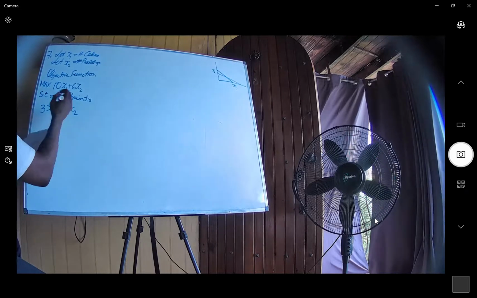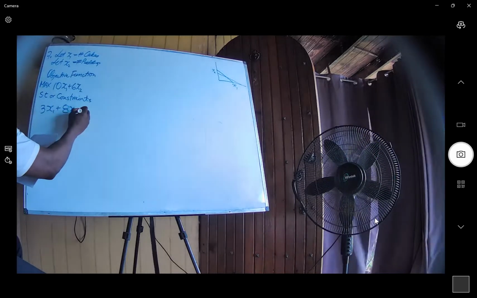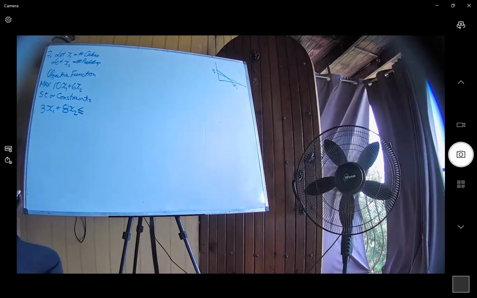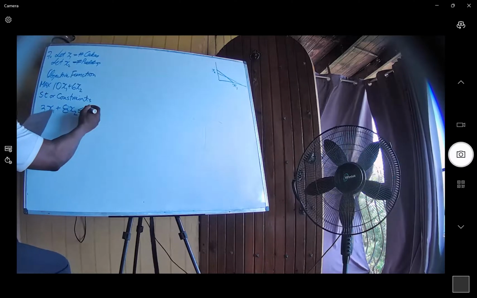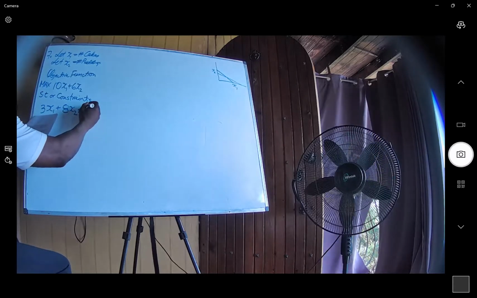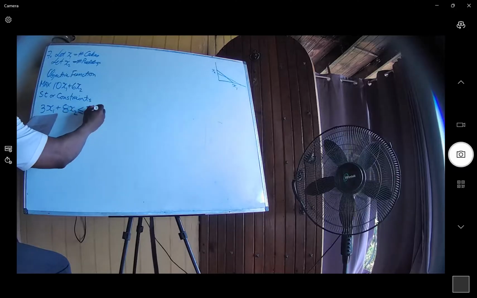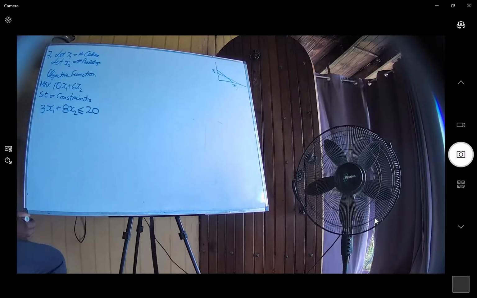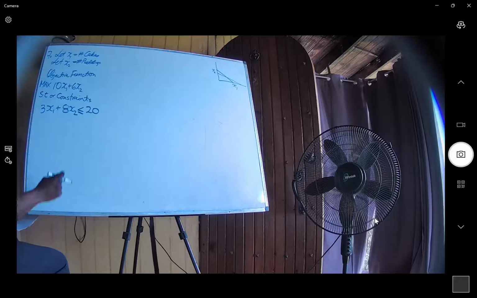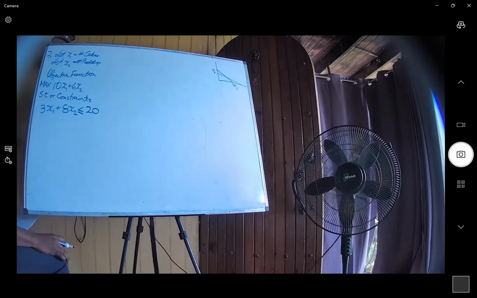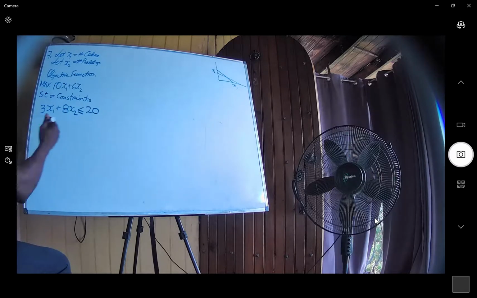And that is less than or equal to 20, because that's all she has. Are you seeing that? She has 20 cups of flour. That's all she has, so it can't be greater than that. Now, that's flour.